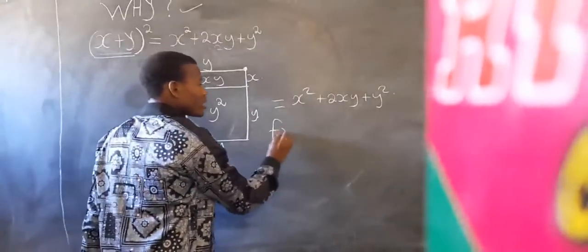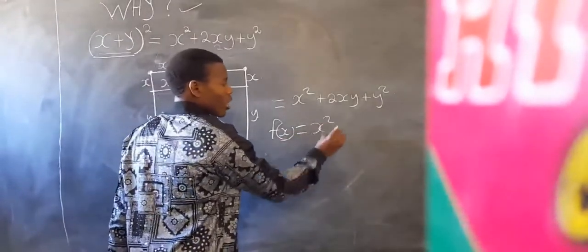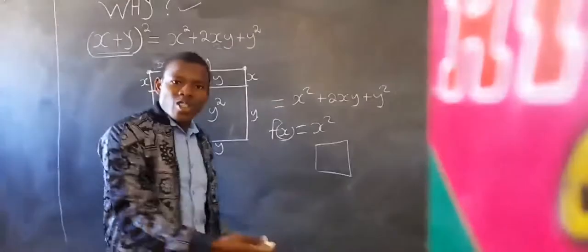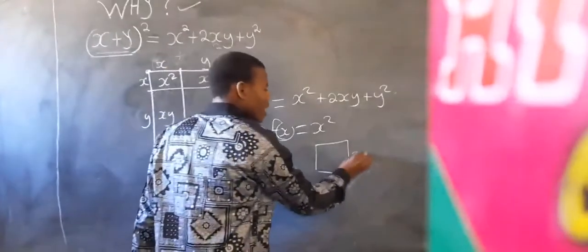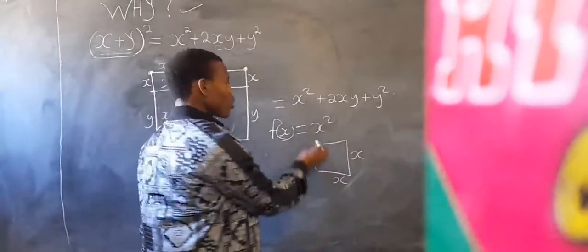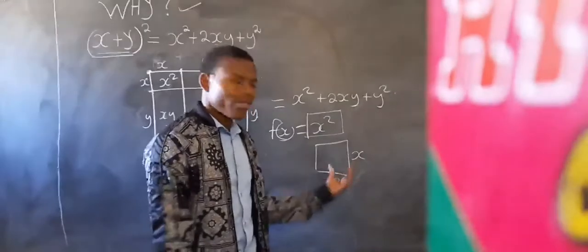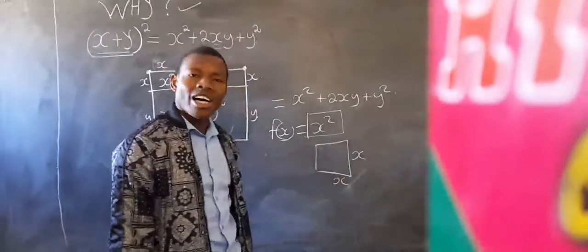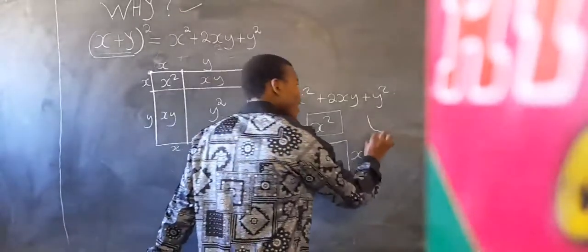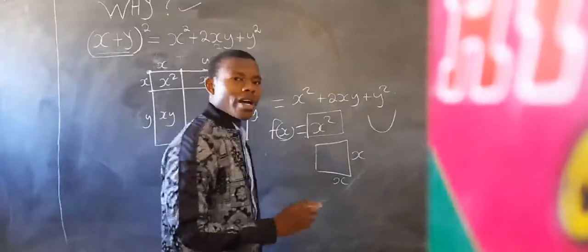Otherwise, when you have f of x equal to x squared, just think of a square. Because we have x squared, think of a square that has the same dimensions, x times x. So this is regarded as an area of a function. You can say it's a function because one can present it as a parabola, or one can present it as a square.